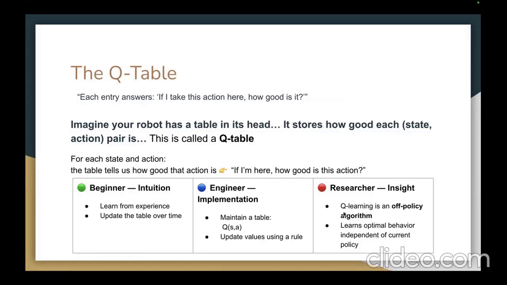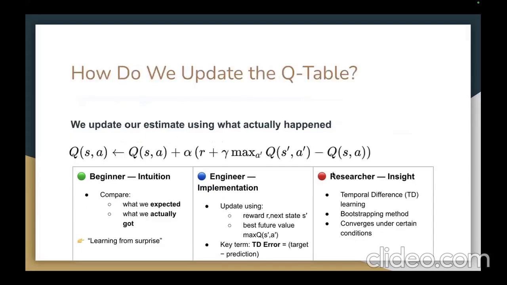And for researchers, we'll know that this is an off-policy algorithm, because when we collect the data, we may use some random policy. However, the policy that we are trying to learn, or the Q table that we are trying to learn, is actually a different policy. So basically, we learn optimal behavior independent of the current exploration policy.